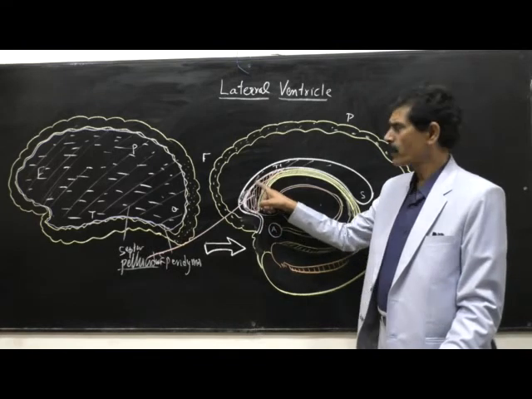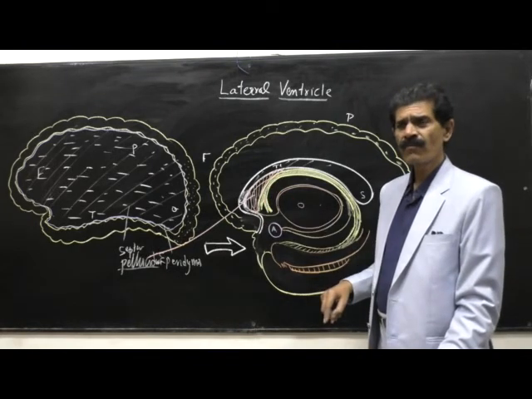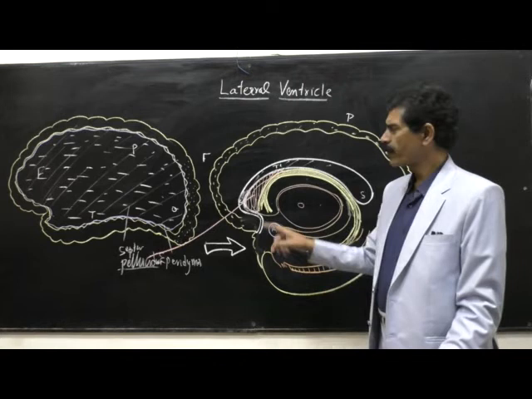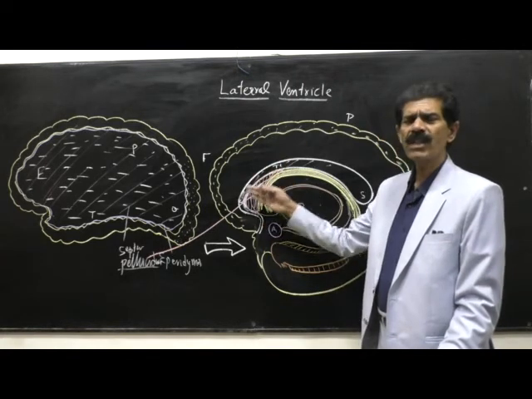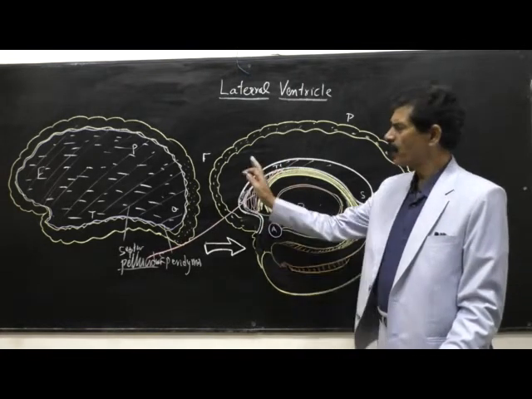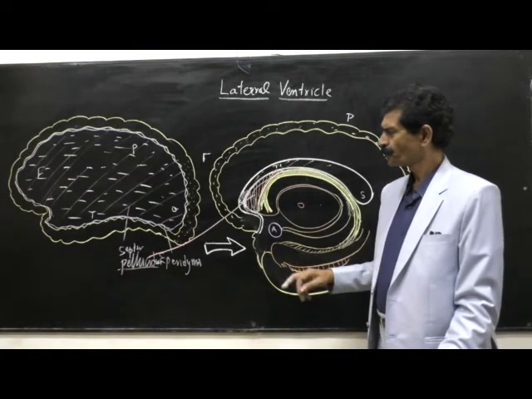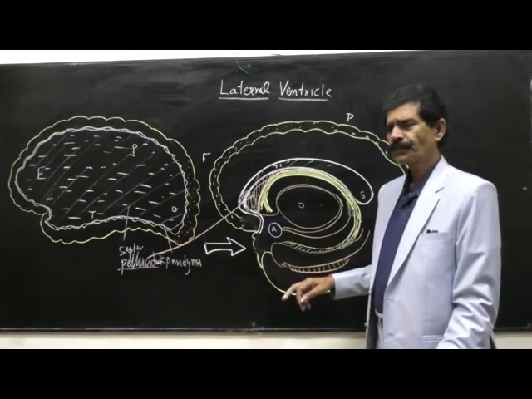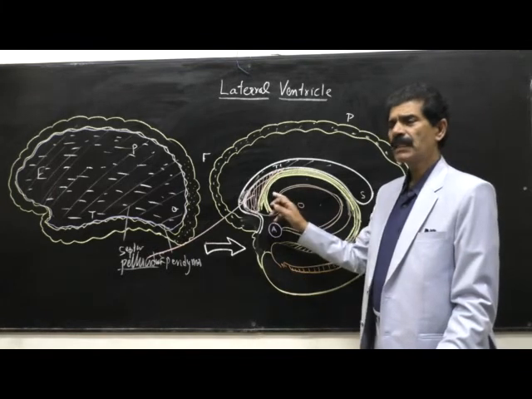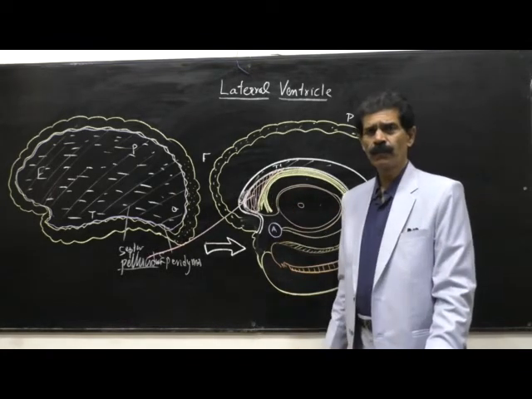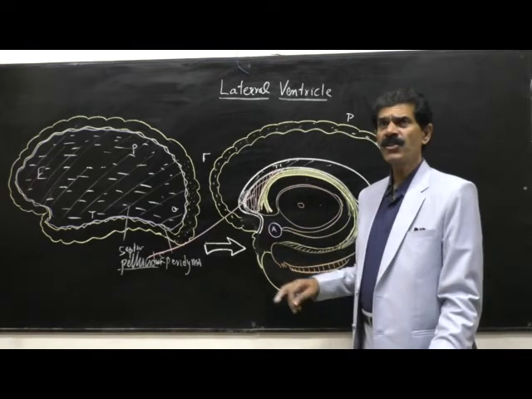So that is the attachment of the septum pellucidum. So the septum pellucidum is the medial-most structure in the frontal lobe, and it is made up of a grey and white matter sheet.